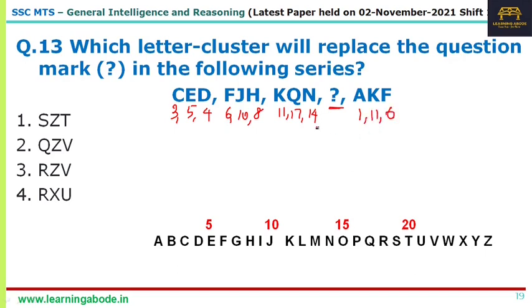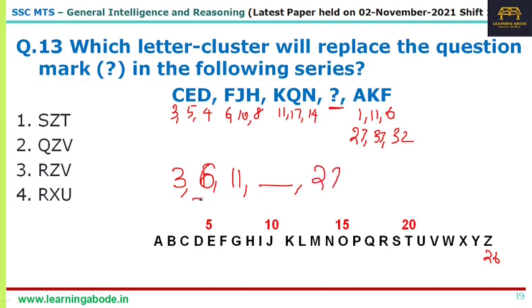For convenience, since it is going in increasing order, you can write A as 27, K as 37 and this as 32. Why? Because Z is 26, that's over. After that it starts again with A, so you can write it as 27. Now just take only the first letters: C, F, K, then something is missing, and then you have A, which is 27.